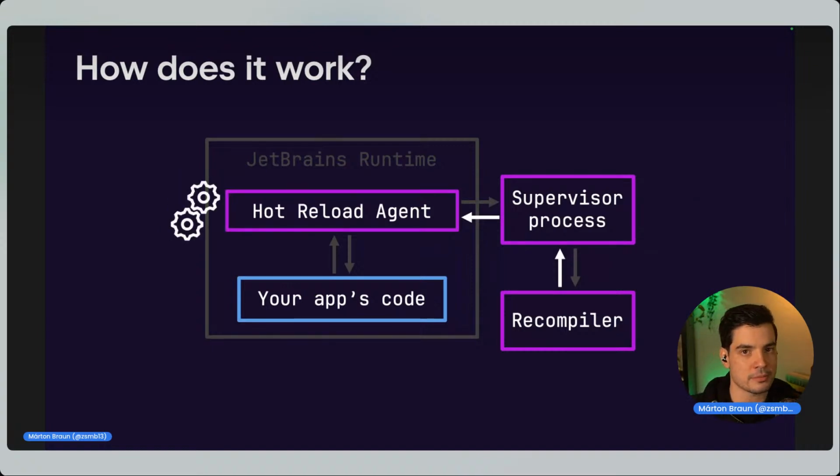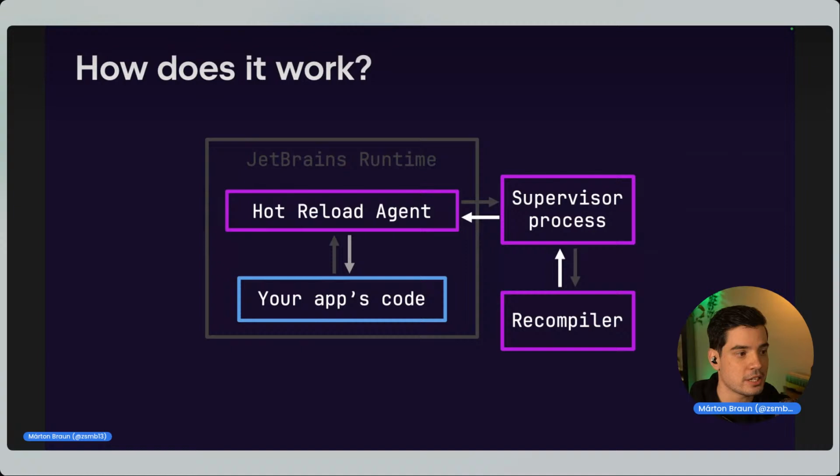Then we'll do some diffing and figure out which parts of your code you have actually changed, because we need to figure out which parts of your UI were affected by the changes so that we can tell Compose to rerun those composable functions so that the changes are not just loaded into the runtime, but also shown to you visually. So we need to rerun some composables, basically invalidate some of your UI.